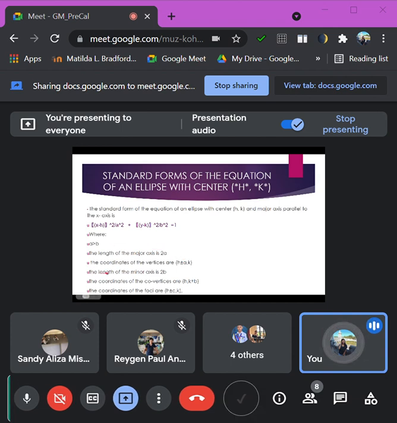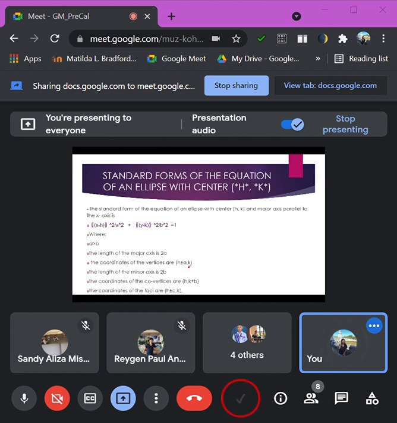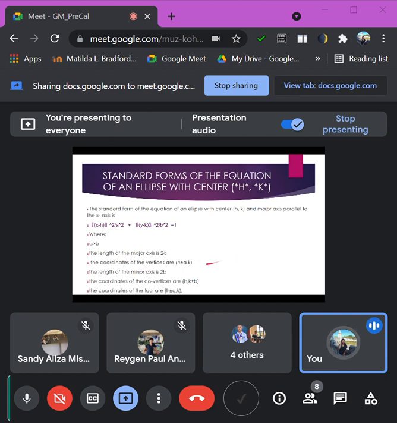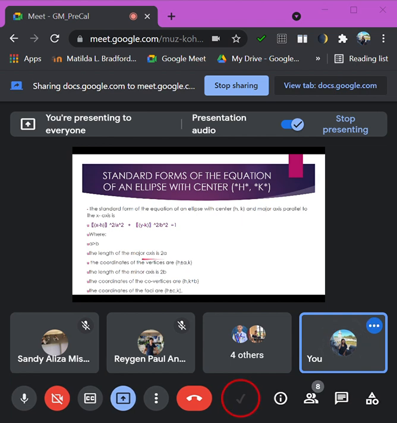And then for your coordinates, H positive negative A and then K. Okay, you have there H positive negative A and then K. That is your vertex.